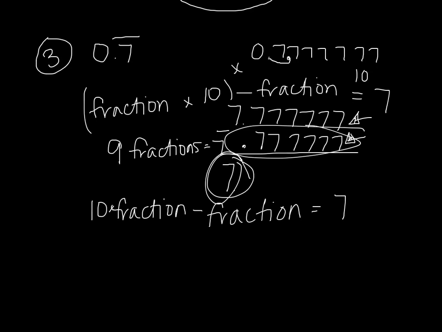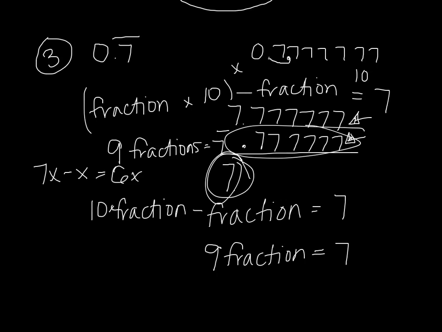So 10 fractions minus 1 fraction. What if I had 7x minus x? I'd be left with 6x. Same thing goes here. 10 fractions minus a fraction would just be left with 9 fractions equals 7.